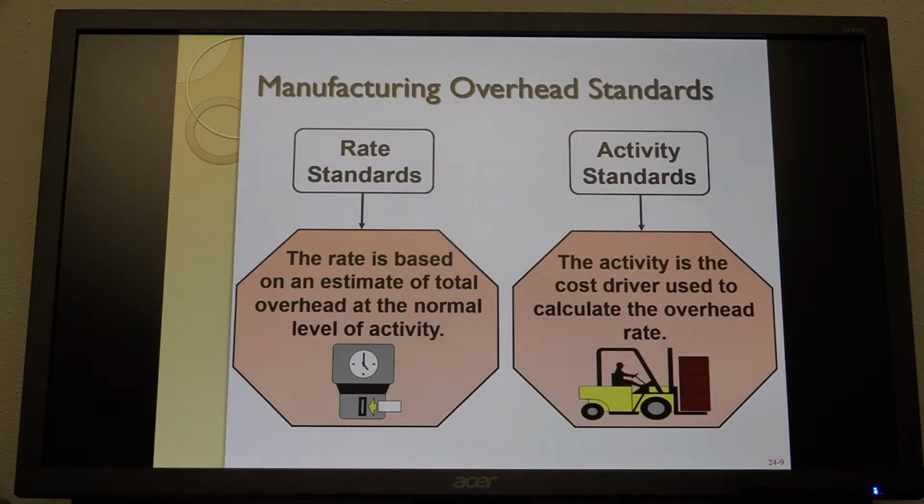As far as manufacturing overhead standards, you're going to take your rate standards. The rate's based on an estimate of total overhead at the normal level of activity. And then your activity standard is going to be whatever the cost driver is that's used to calculate the overhead rate.